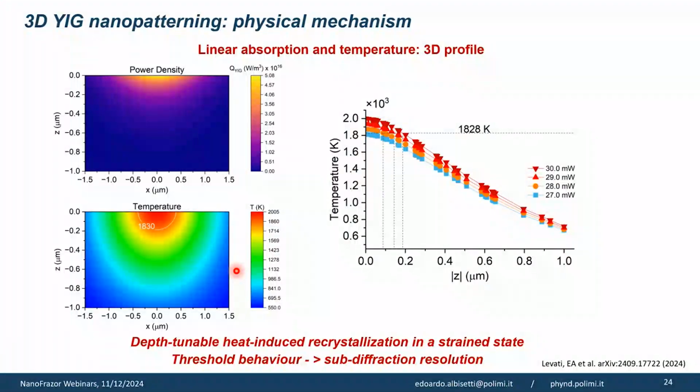And depending on the power, we are reaching different depths, because the melting temperature threshold is reached well within the material. And this also explains why we can reach this 100 nanometer spatial resolution, because this is indeed a really threshold transition.